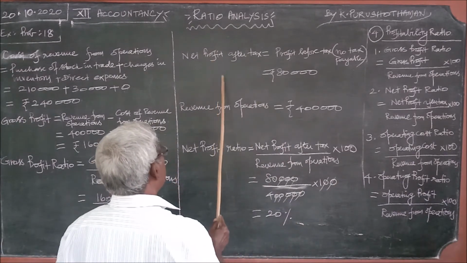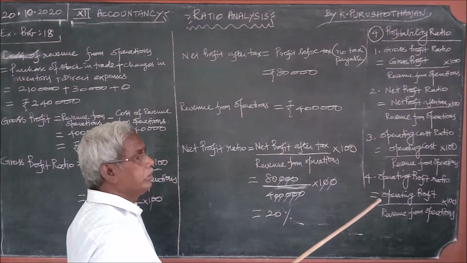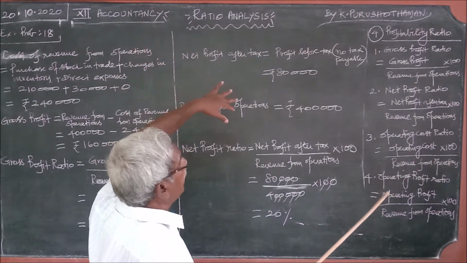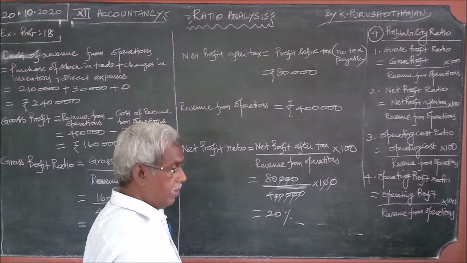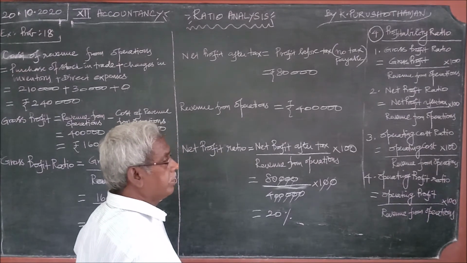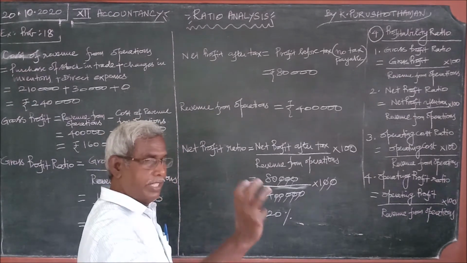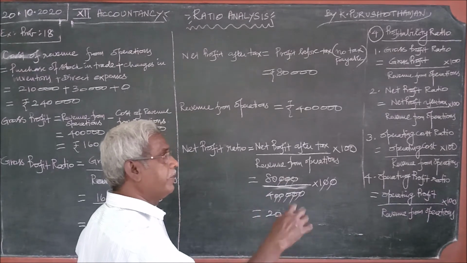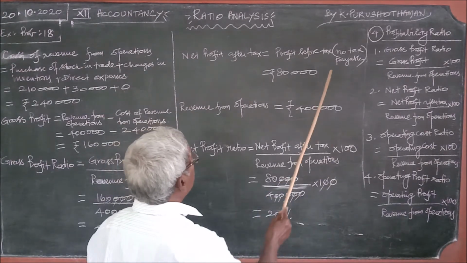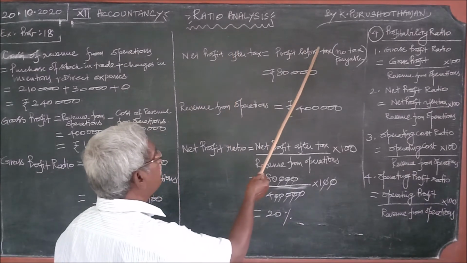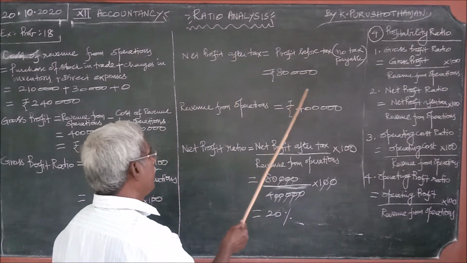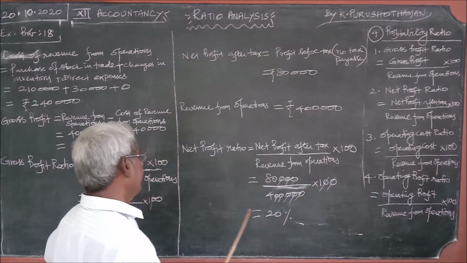But here net profit after tax is equal to net profit before tax minus tax. Profit tax கட்டுறதுக்கு முன்னால இருக்கிற அமௌண்ட்ல இருந்து tax கட்டிட்டோம்னா that is net profit after tax. But in this problem no tax is given, therefore this is after tax is equal to before tax 80,000. Therefore 80,000 by 4 lakhs into 100 we have found out.